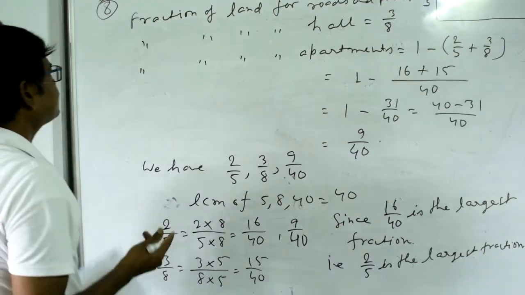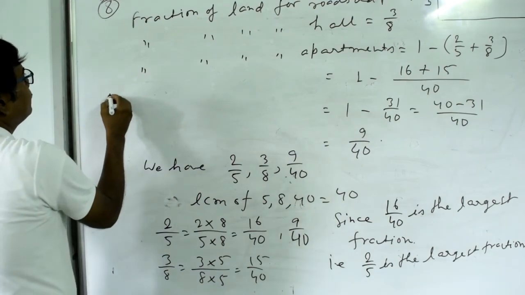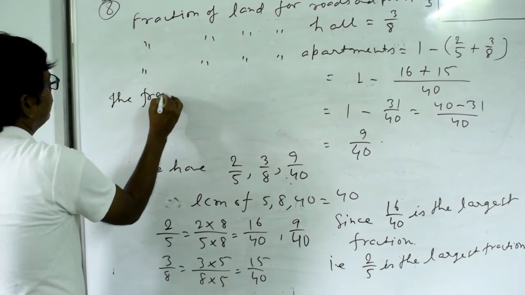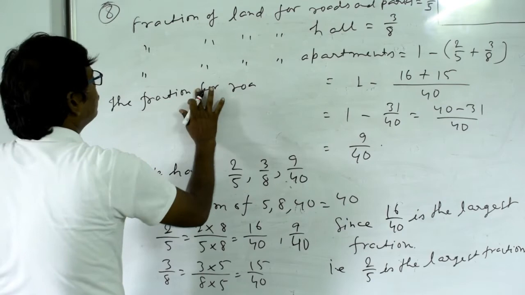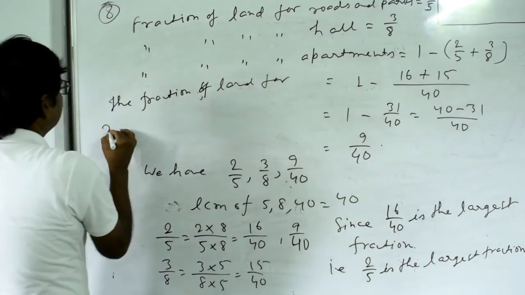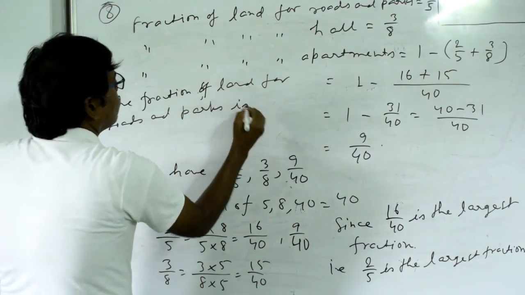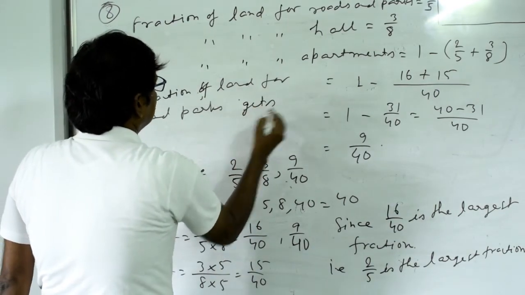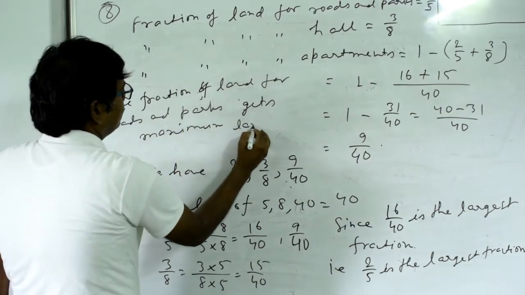And therefore what is the answer now? It means that roads and parks get the maximum land.